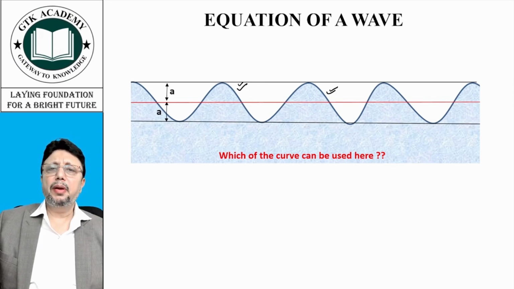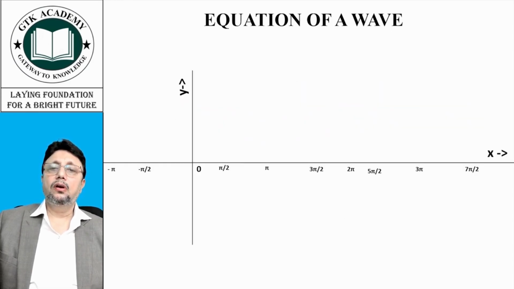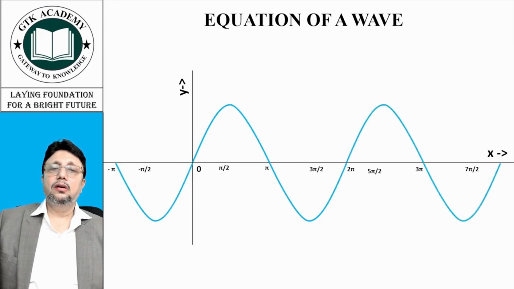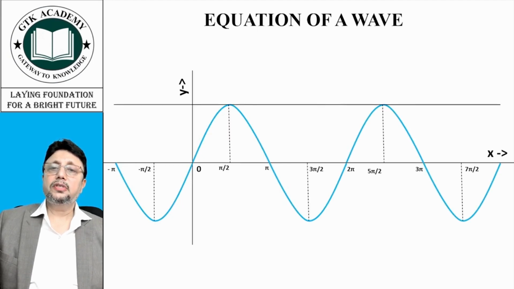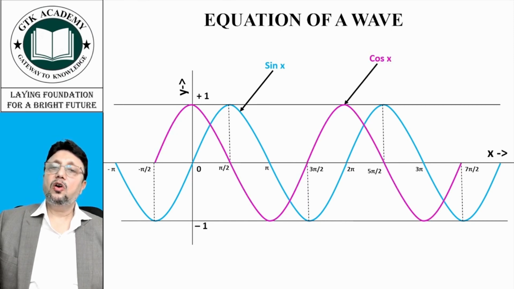I think some of you may have some idea. Let's revisit the curves of some trigonometric functions. This is one curve, I hope you must have read it, between +1 and -1, which is the curve of sin x. Similarly, the purple one is cos x.